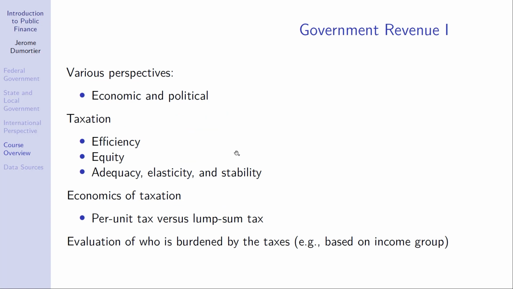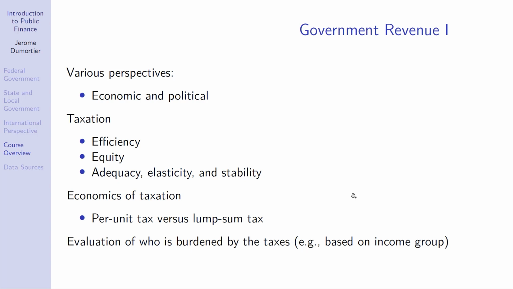The next big topic is going to be government revenue. Here we are going to have various perspectives. There are going to be economic and political perspectives on government revenue. For example, where should money be spent on and how?